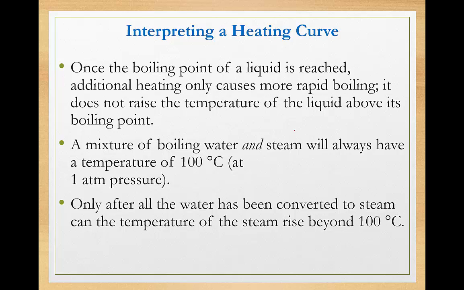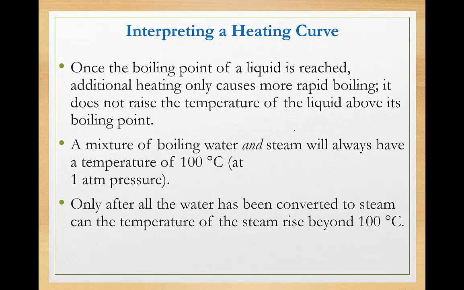What you cannot do is really raise the temperature of the liquid above the boiling point. A liquid is only going to reach a certain temperature under a given set of conditions. So for example, if we have a mixture of boiling water and steam, the temperature of the boiling water and the steam are going to be 100 degrees Celsius, assuming we have 1 atmosphere of pressure.